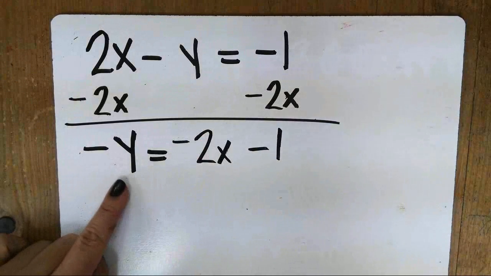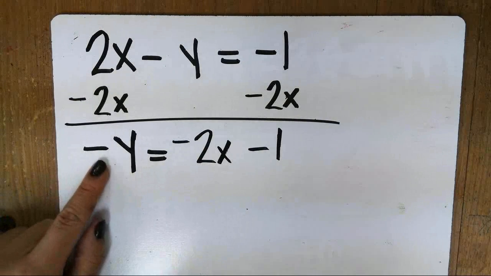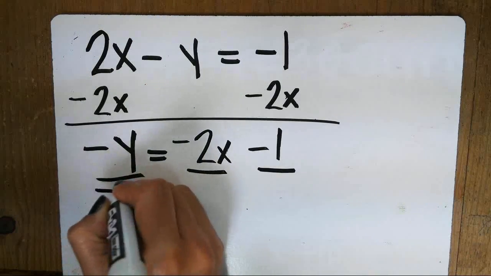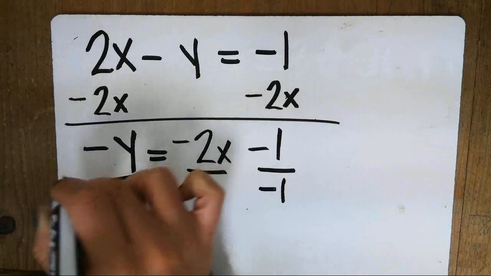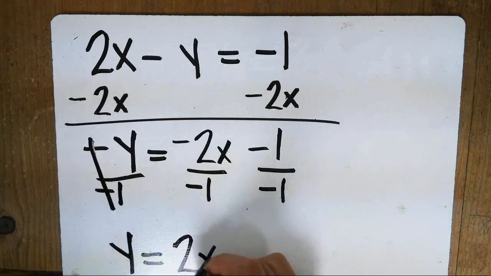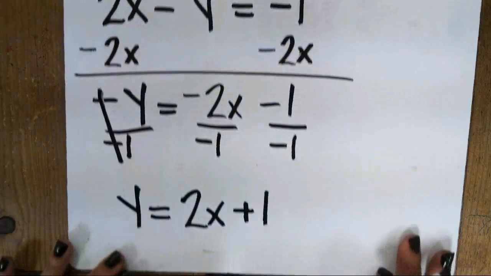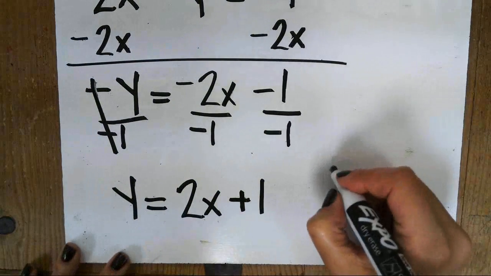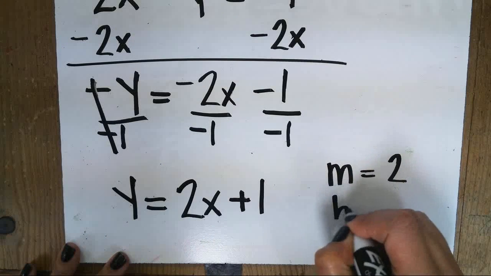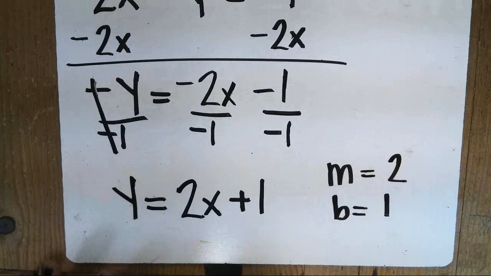Now, I need my y by itself. I do not want y being multiplied by negative 1. So I'm going to divide everything by negative 1 to cancel that out. And so now I have y equals positive 2x plus 1. So my slope for this line is positive 2, and my y-intercept is positive 1.